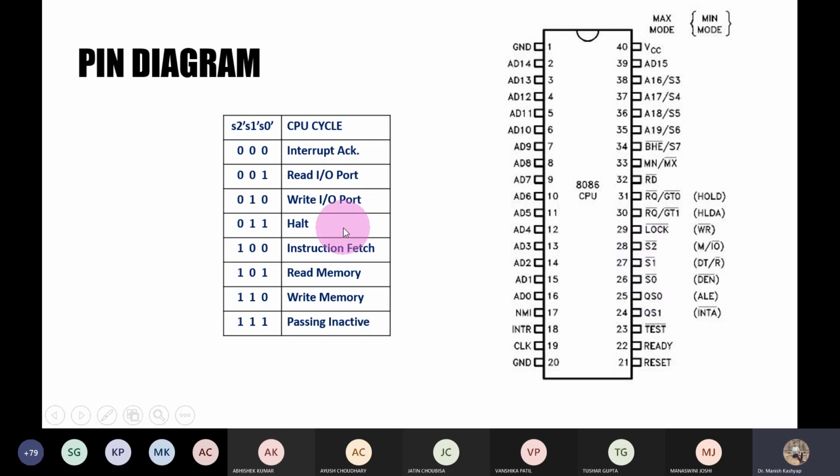However, in 8085, there was no such arrangement. So it was difficult to see it from the hardware, right? If it is having a value of 100, then instruction fetch is going on. And as we said, in 8086, instruction fetch and decode and execute will happen in parallel because of the pipelining process.